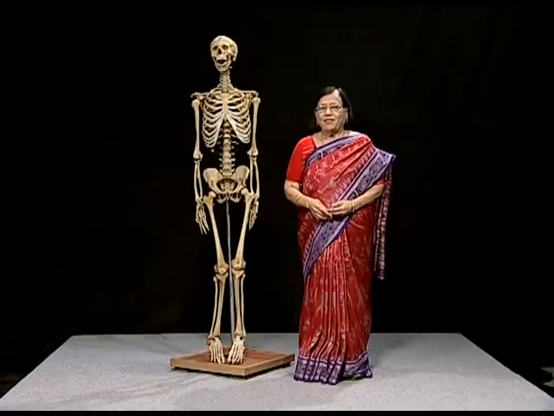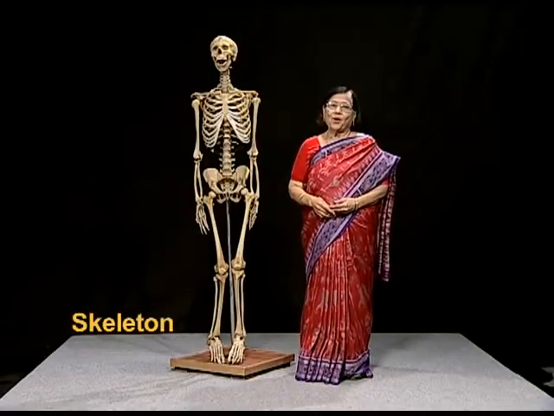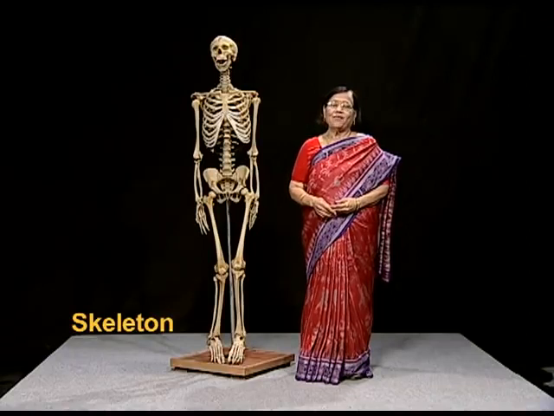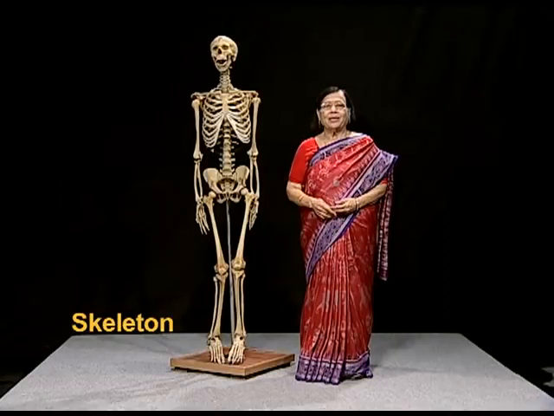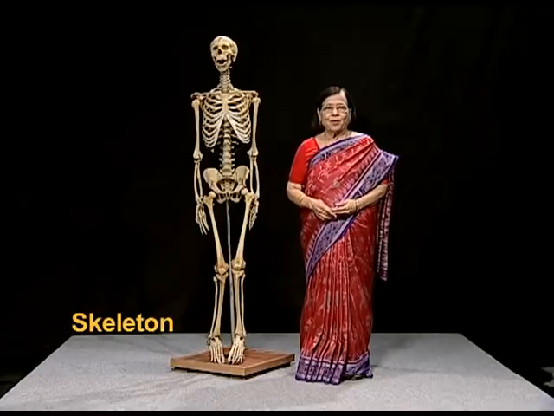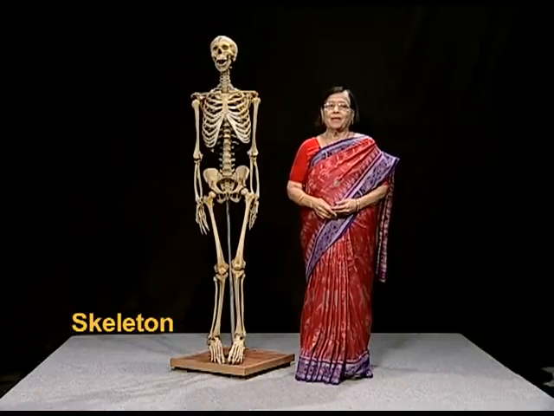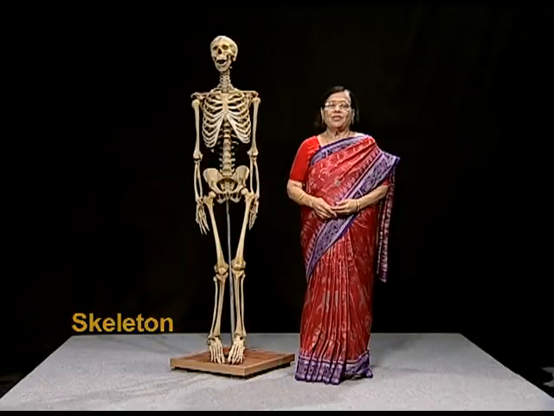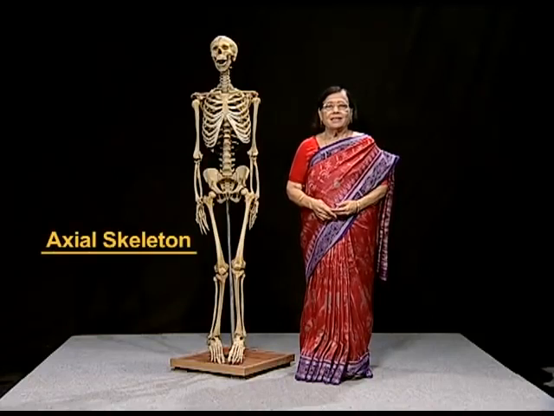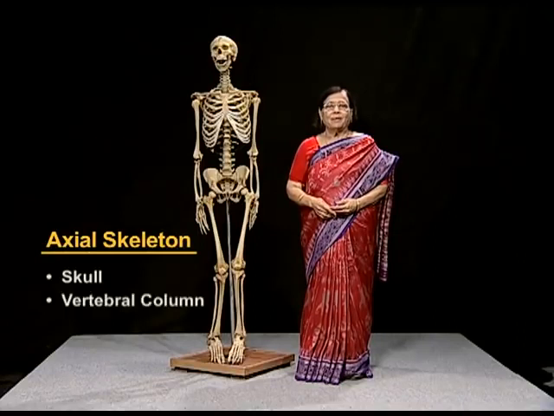Children, we have reached near the skeleton and I am quite excited to see all the bones in one vision, in one go. I am sure you are equally interested to know about the placement of these bones in our body, which we are going to discuss along with this skeleton. As you know, there are two main divisions: axial skeleton, in which come the skull, the vertebral column and the rib cage.